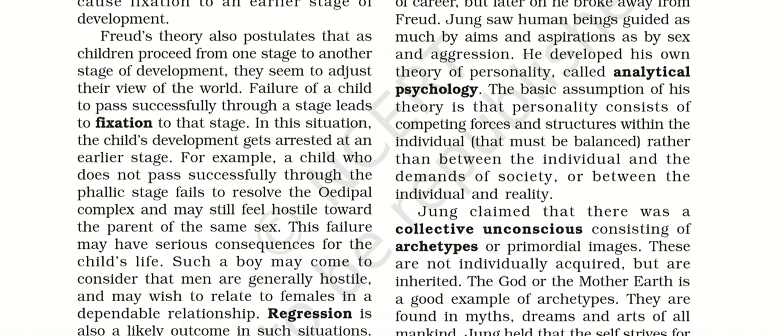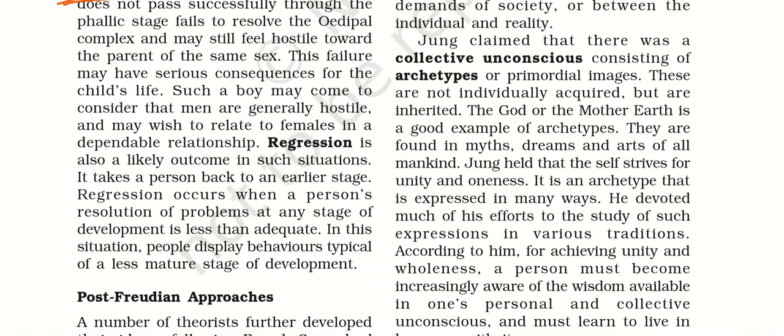Now, what is fixation? Failure of a child to pass successfully through a stage leads to fixation at that stage. In this situation, the child's development gets arrested at an earlier stage. That is fixation. Now we have regression. Regression is also a likely outcome in such a situation.